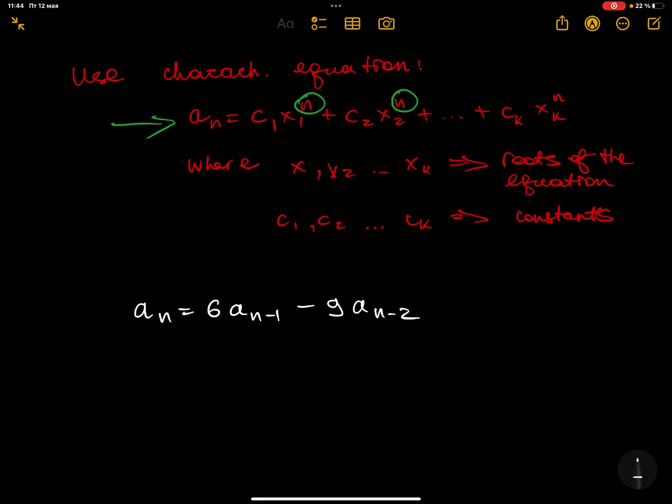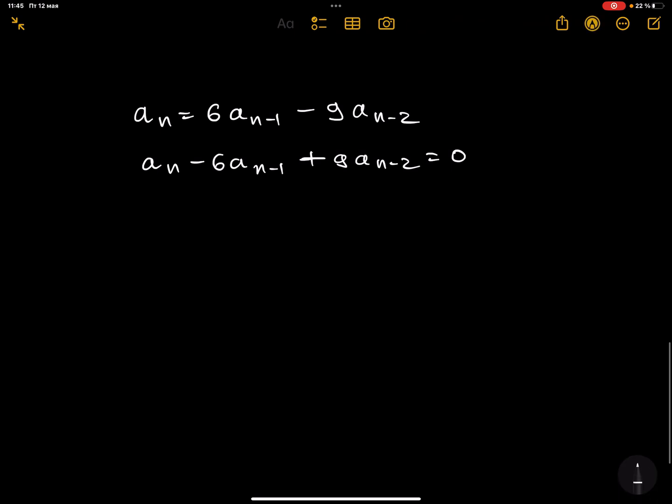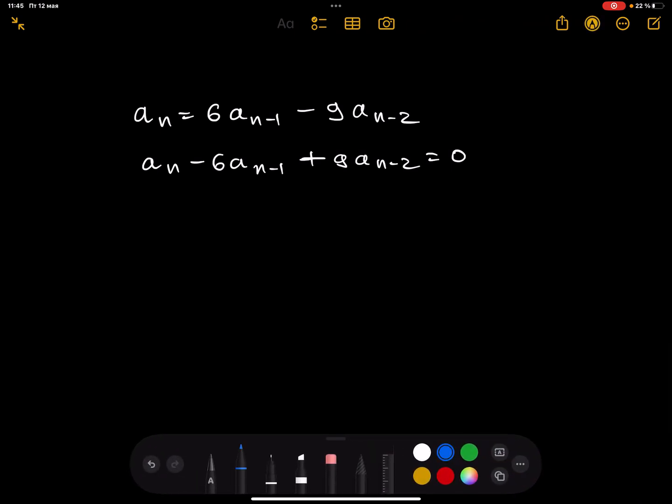So I'm gonna have a_n minus 6a_(n-1) plus 9a_(n-2) equals 0. Of course, in order to find the roots, you're gonna transform it to a polynomial equation, to find the x roots.